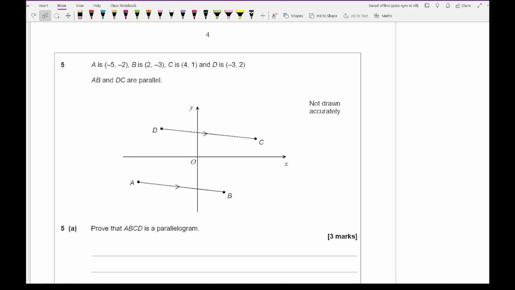So moving on to question 5, it says that AB and DC are parallel. Prove that ABCD is a parallelogram.